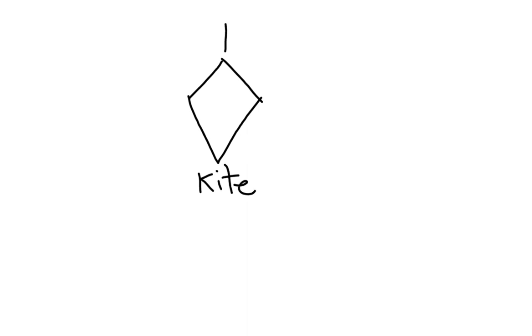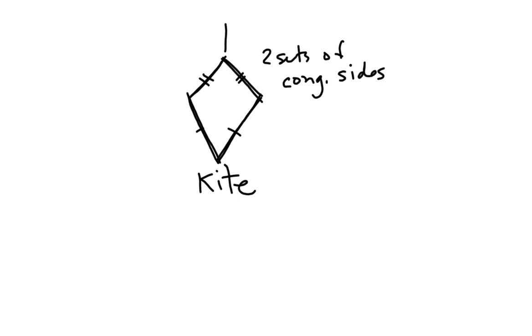Now a kite has two sets of congruent, not parallel, but congruent sides. So two sides are the same and two other sides are the same length. But what that also gives us is these two angles across from each other are the same. One set of congruent angles in a kite.